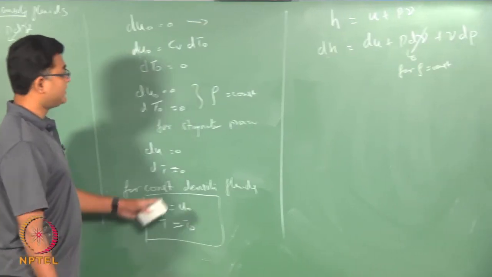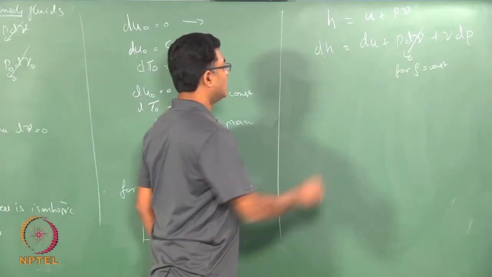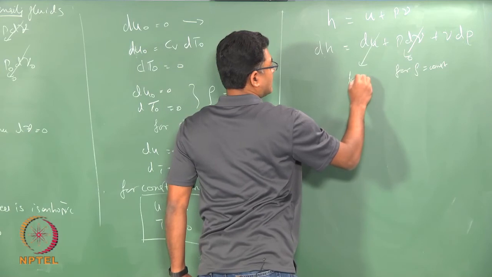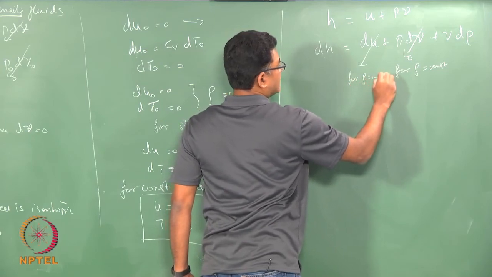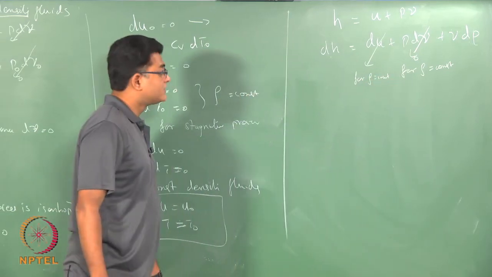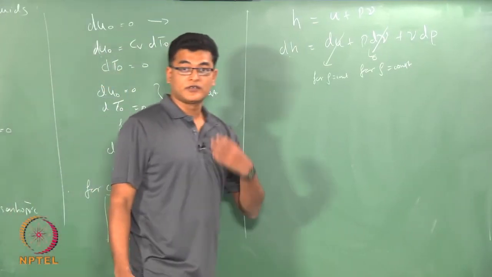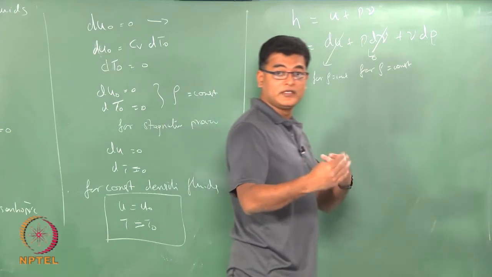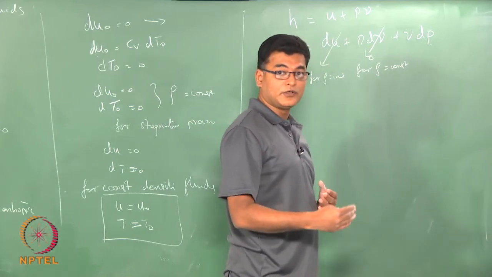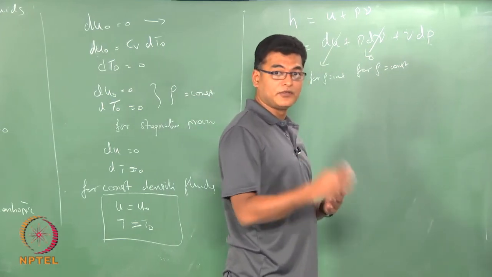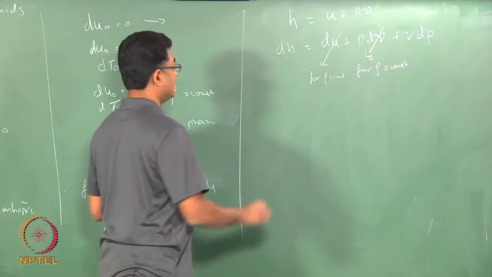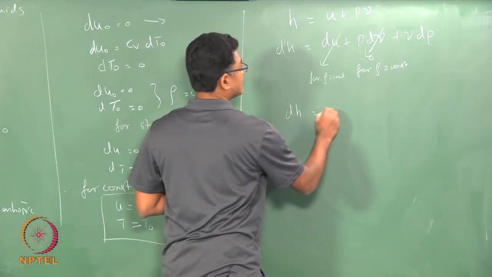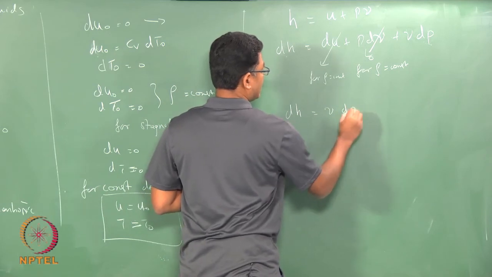We have also seen du to be 0 for constant density fluids if the fluid is undergoing a stagnation process, meaning I am taking the fluid to a state where the velocity is 0 and the process is isentropic with no heat and no shaft work. So, I am left with dH equals v dP.